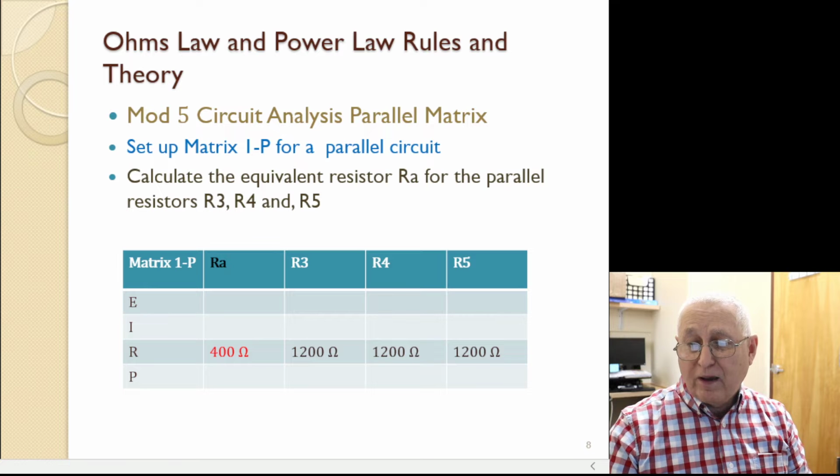But right now we have 1200 ohms, 1200 ohms, 1200 ohms. In the previous slide we determined it's 400 ohms. Whenever you have three resistors that are the same value, in this case 1200 ohms, you just take 1200 ohms and divide by 3 and you get 400. This only works if the resistors are the same value.